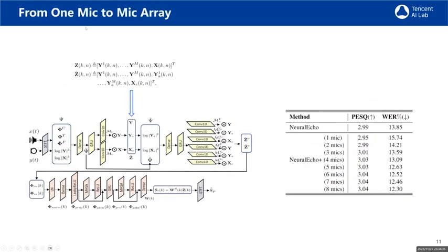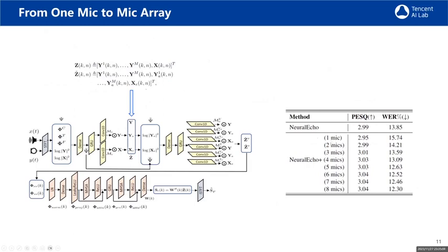Finally, to extend the model from one mic to any number of mics, simply in the input, it converts from Y to Y1 all the way to YM, where M is the number of mics, plus the far-end reference channel. So internally, the vector is Y1 to YM and also YA1 to YAM, plus the echo estimation channels.